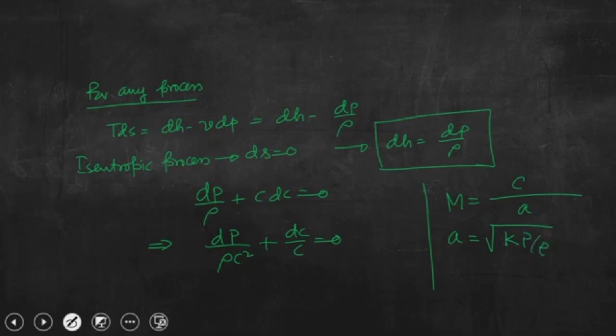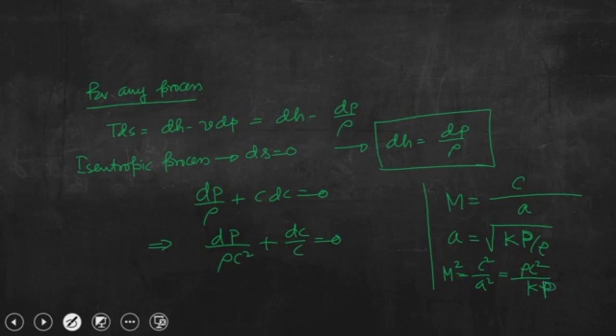So, we can write M square equal to c square by a square, that is rho c square by k into p. So, what we can write from here is rho c square equal to M square into k into p.